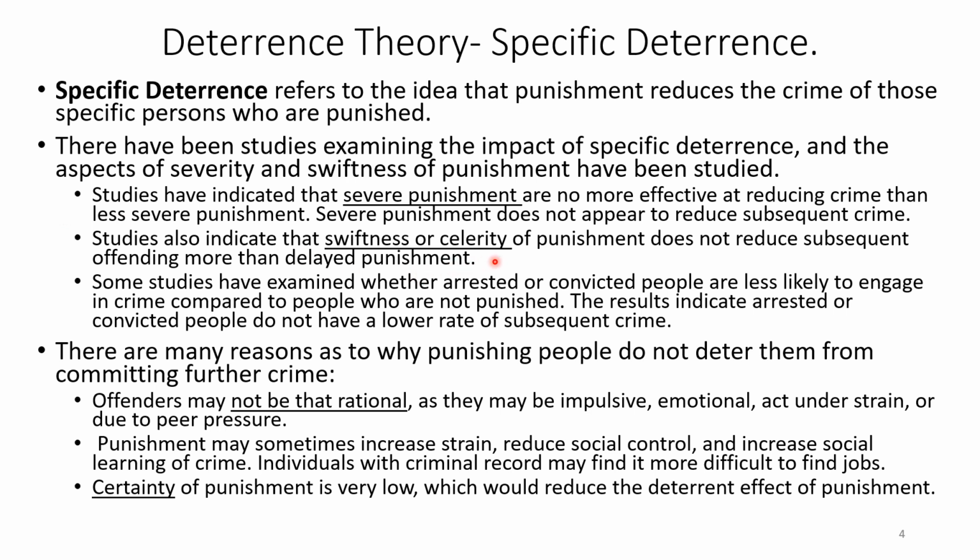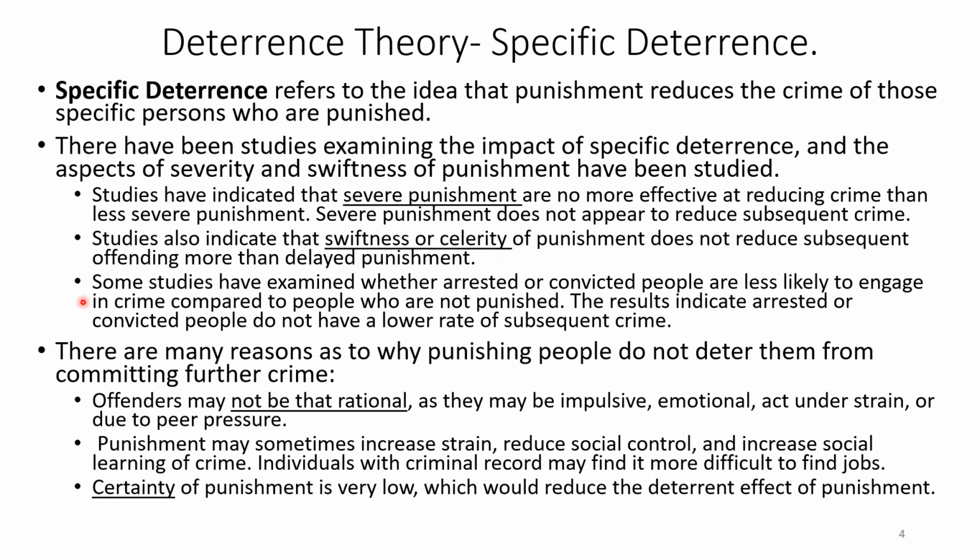The impact of swiftness of punishment is related to psychological studies on animals, which suggest that the speed of punishment results in association of the criminal act with the punishment, therefore reducing criminal behavior. However, such association has not been seen in humans, and studies have shown that swiftness of punishment does not reduce subsequent offending.